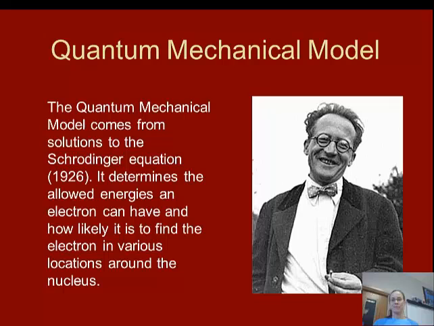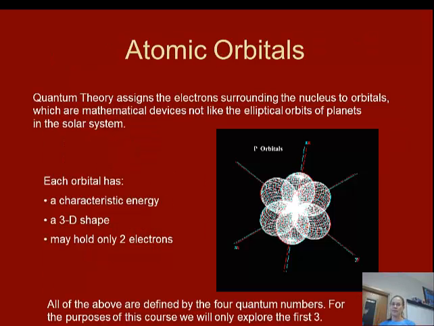So at this point, we're going to look at the quantum numbers and how the atomic orbitals are described by the Schrodinger equations, and try to give you a better picture of what these look like. And then we'll talk about a few more things about this theory, this model of the atom, including Schrodinger's cat.